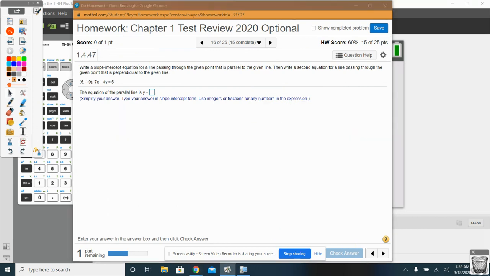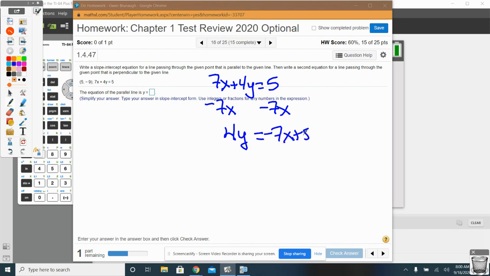Okay, this one is the doozy. They want us to write a parallel and perpendicular line to it. They don't give us a slope or the y-intercept, but they give us this line here. So if you take 7x plus 4y equals 5 and you get y by itself, you're going to be able to know the slope for both of your new lines. So 4y is negative 7x plus 5.